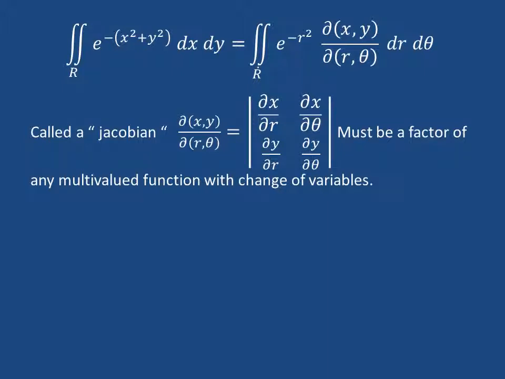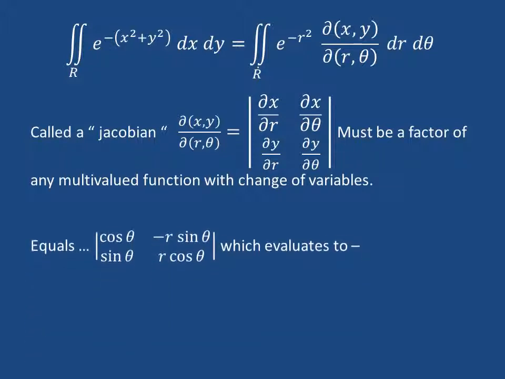Okay, a Jacobian is nothing more than a determinant that is represented by partial derivatives dx by dr, dx by d theta, dy by dr, dy by d theta, and of course must be a factor of any multi-valued function when you have a change of variables.